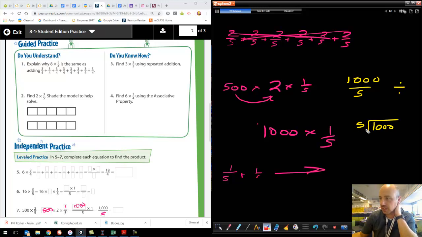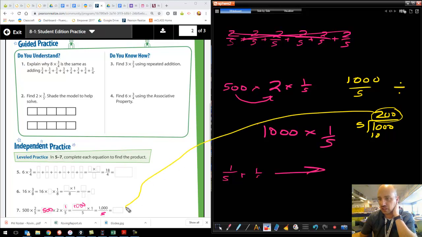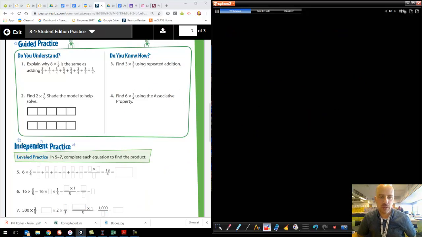And 5 can't go into 1, but 5 can go into 10. It goes into 10 2 times, and it's 10. And I have zeros, and I can bring those zeros up, and I get my quotient, or my final product here in the end, of 200. And now that is there. All right. And that was an interesting step we took, and we're remembering that fractions really are division. So try this out, repeated addition and associative property. Just give them a shot, see how you do, and we'll see you next time on 8-2. All right, bye.